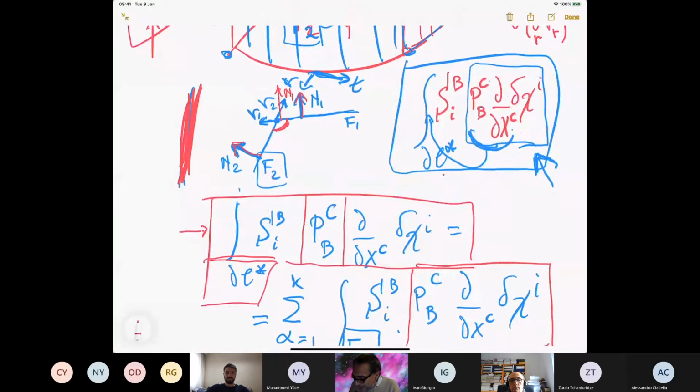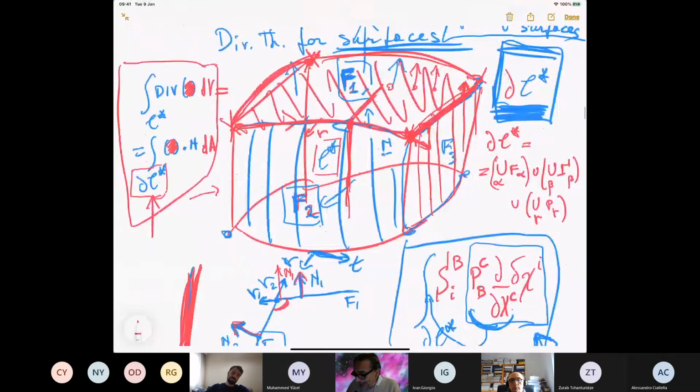So we have on this boundary here this integral to be considered. And I repeat, as the volume divergence theorem involves only surface integrals, what happens on the edges and on the wedges for this 3D divergence theorem is not important.